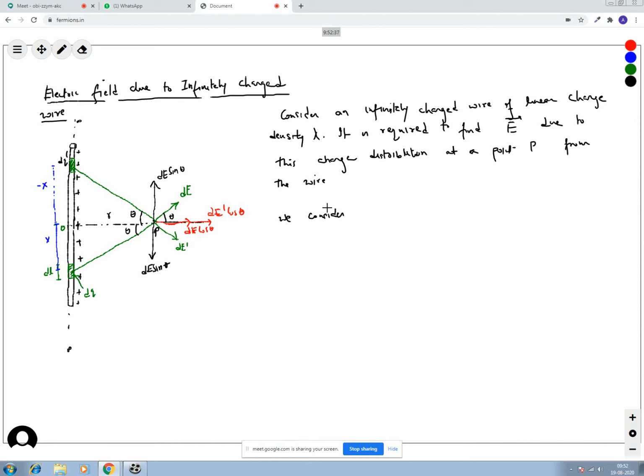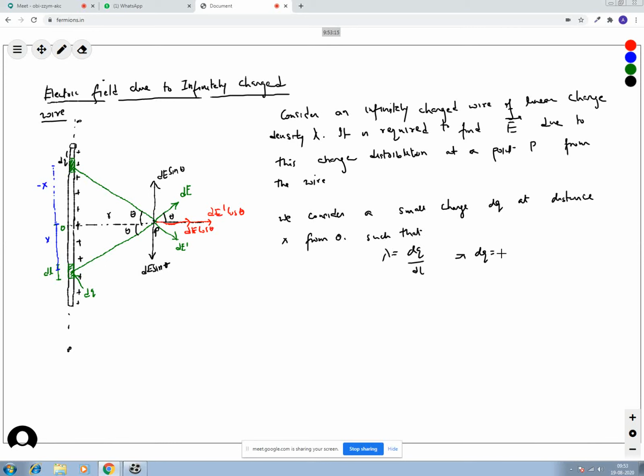Now we consider a small, infinitesimally small charge dq at a distance x from O, or whatever, you can name this as y also, no problem, such that lambda equals dq by dl.